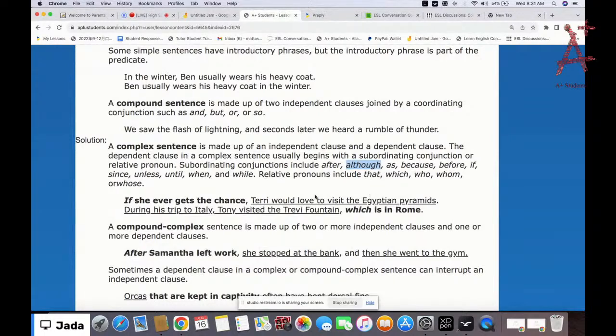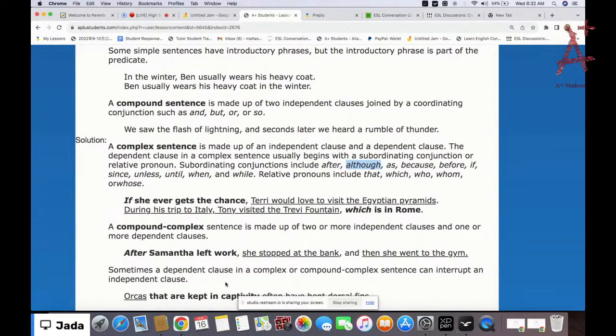Now we'll move on to see some examples. If she ever gets the chance, Terry would love to visit the Egyptian pyramids. During his trip to Italy, Tony visited the Trevi Fountain, which is in Rome. Now, in the first, "if" is a subordinating conjunction, so "If she ever gets the chance" is a dependent clause here.